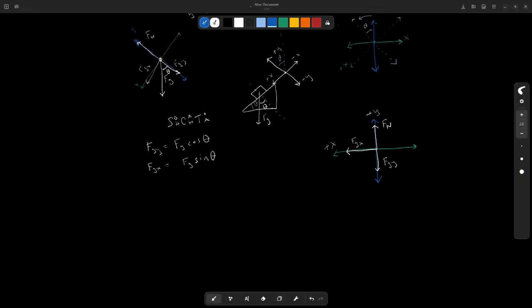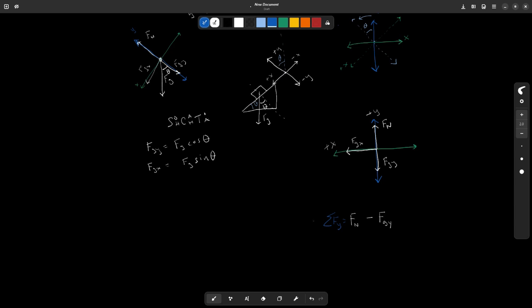So I'll start with my y direction. You can see that in the y direction, I just have two forces. I have the normal force going up, which is positive, and the gravitational force in the y direction specifically, which is negative. And this is equal to the sum of the forces in my y direction.